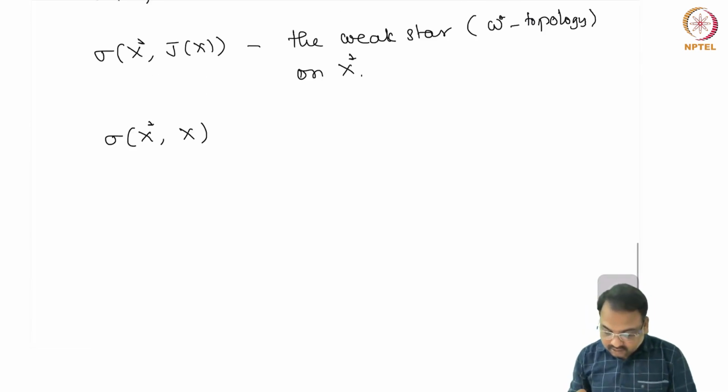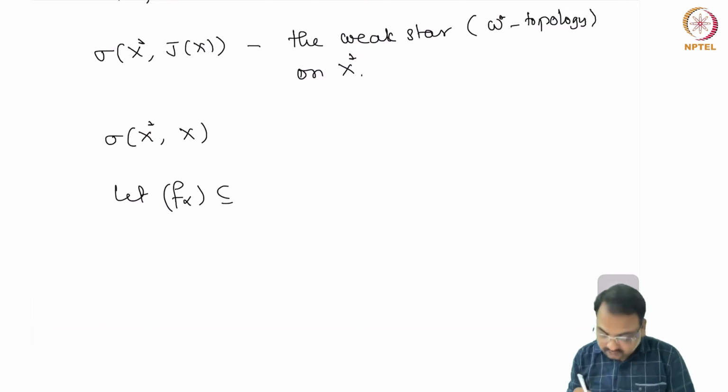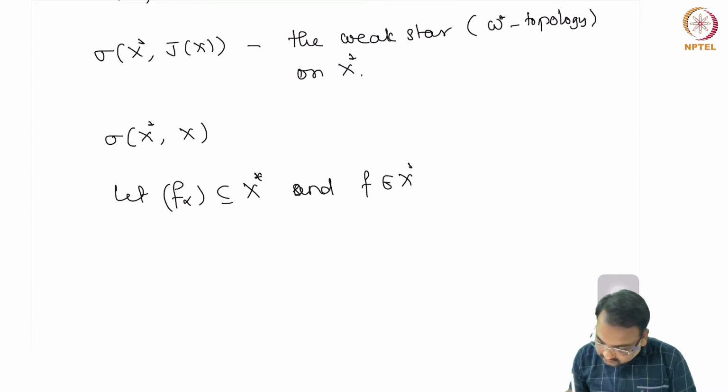Now applying the earlier definition, let f alpha be a net of elements from X star, and f is in X star.